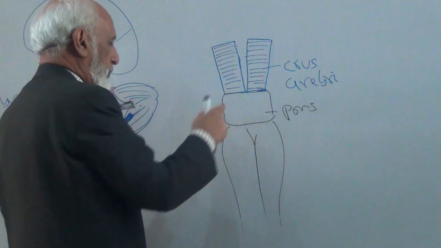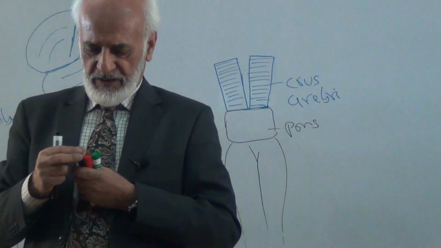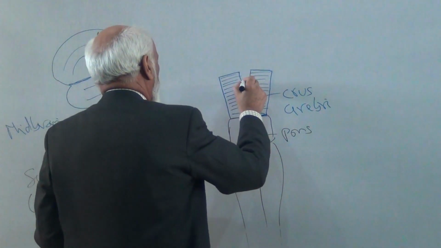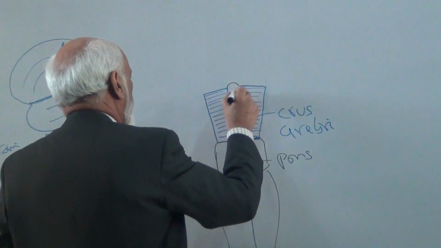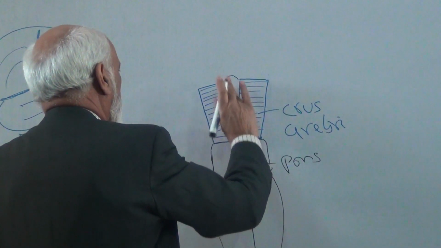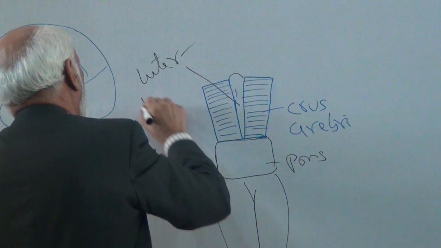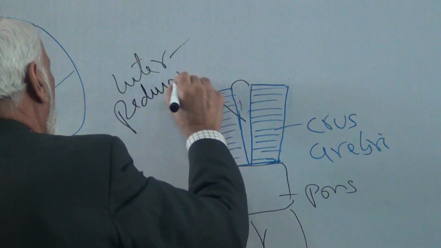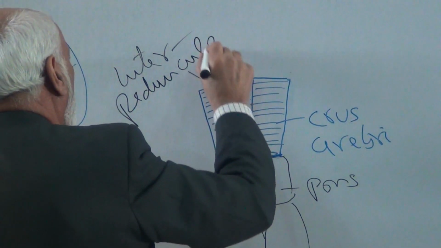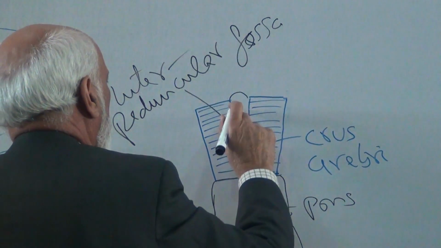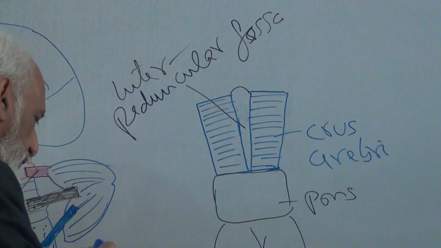And these two pillar-like structures, they are separated from each other by a fossa known as the interpeduncular fossa.